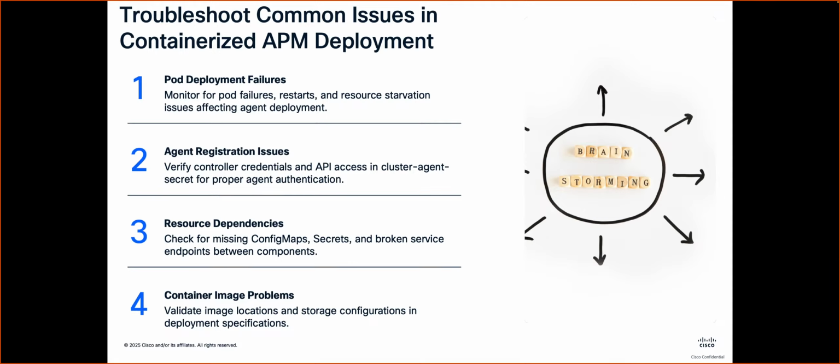Agent registration issues are more in the realm of making sure that not only that the agent or the pod, or the things in the containers can reach the controller, but also that it's able to authenticate with the credentials that it has. So agent registration issues are common.